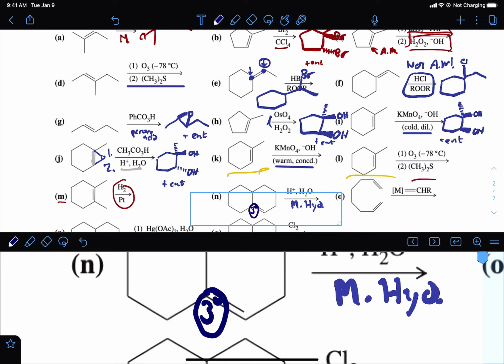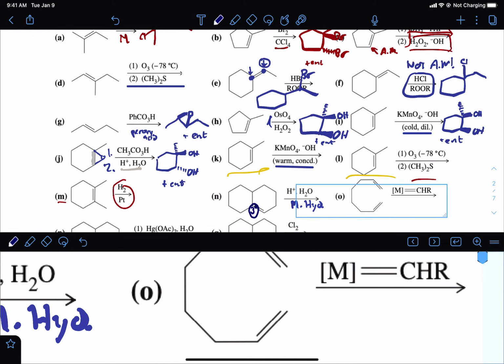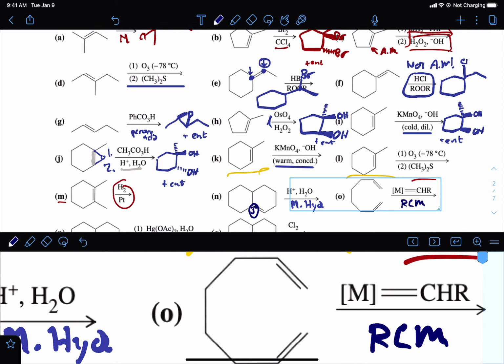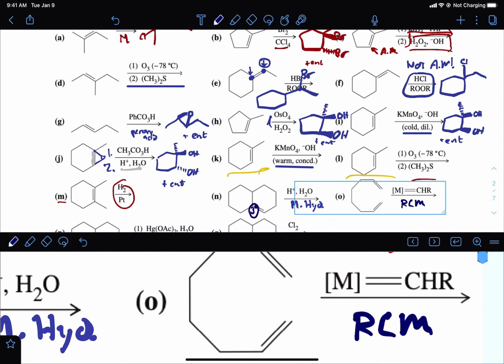Okay, this is called ring closing metathesis. It's not a reaction that I teach very often. I don't know how much time the book spends on it, but basically, this catalyst, this is a metal. It's usually a ruthenium catalyst. Causes the ring to close with a double bond.